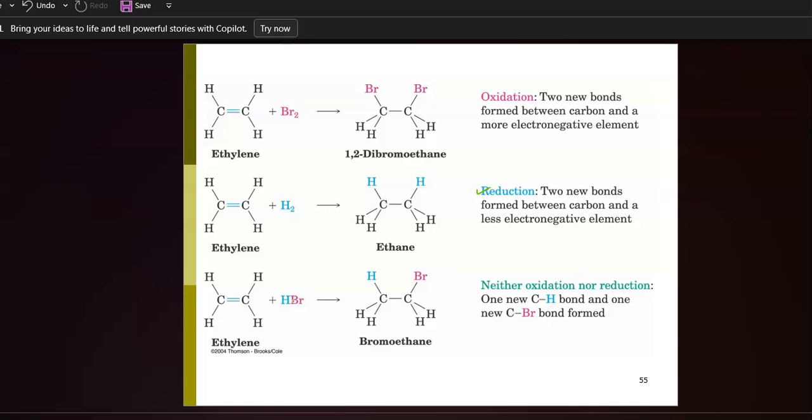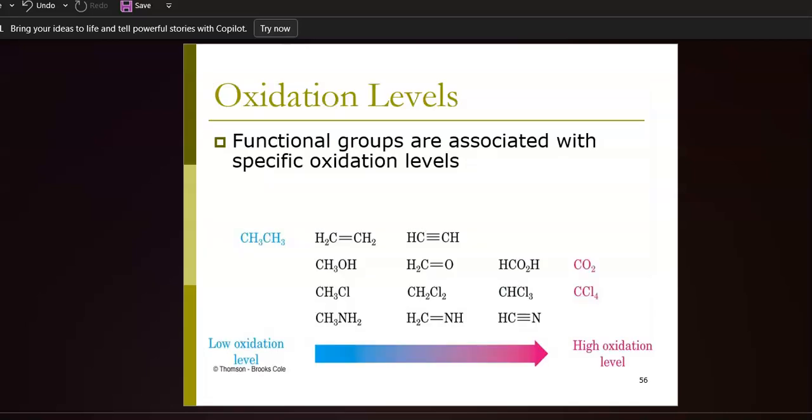And finally, in this one, you have gained a carbon-hydrogen bond, but at the same time you also have gained a carbon-halogen bond, so this will be a reaction which is neither oxidation nor reduction. You should be able to recognize oxidation and reduction reactions.